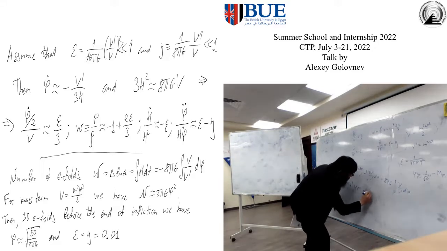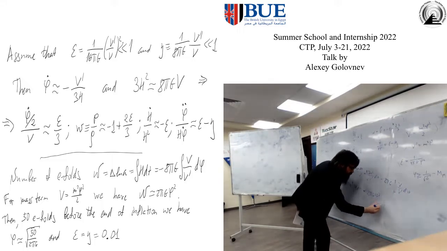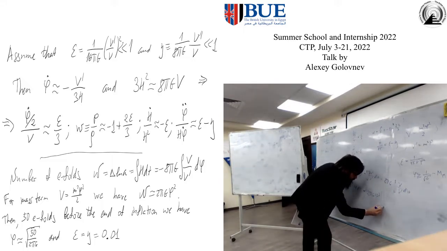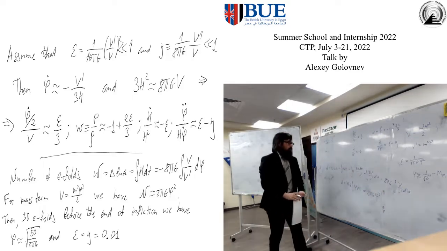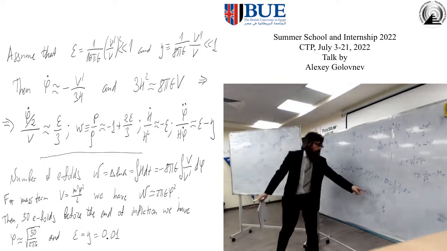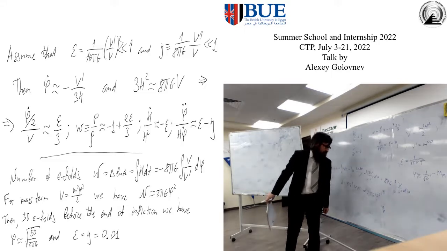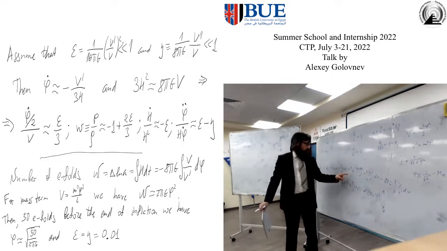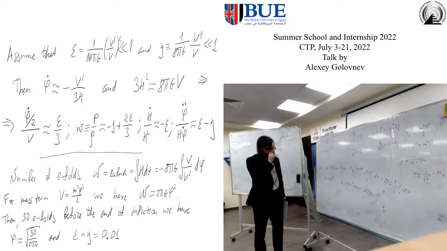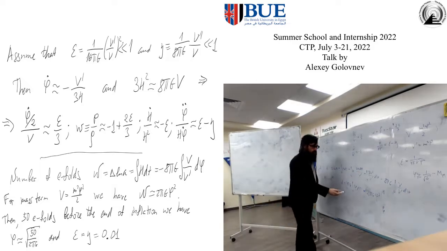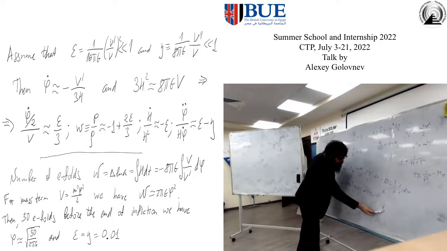That would be 2 pi G phi squared in the limits from the final point to the initial point. Because the initial point is bigger, I put it there, and that's because I didn't change the sign here. So anyway, I just estimate the value, and now let me just neglect the final value.